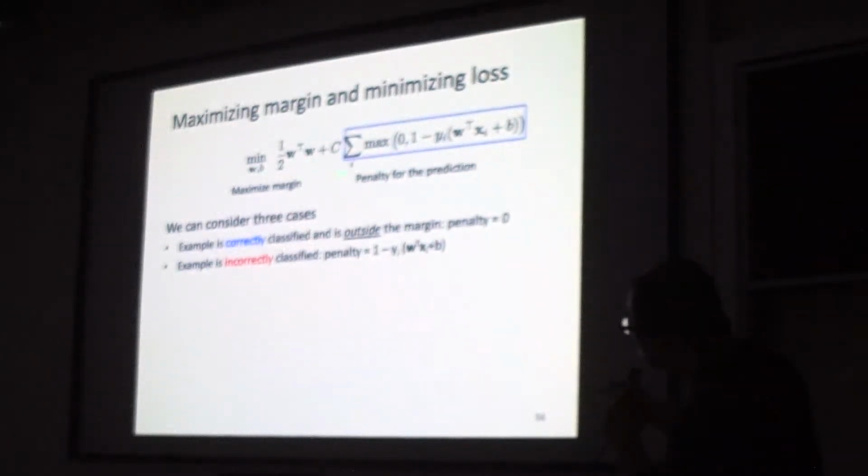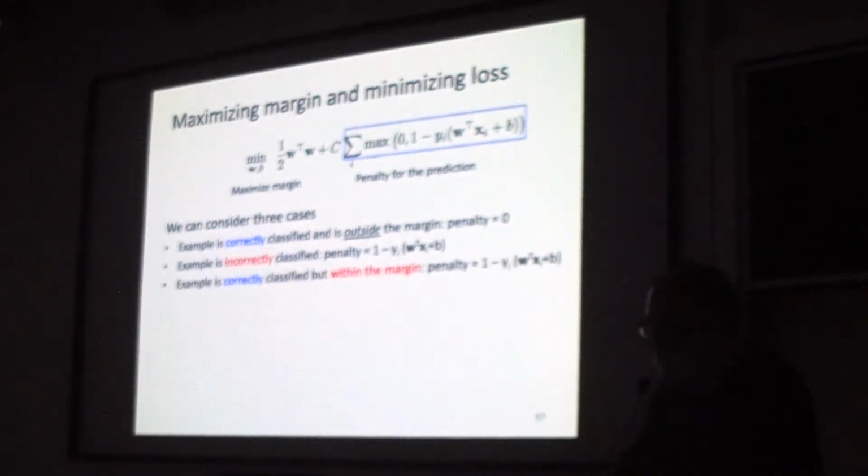Remember, we overall want to minimize the whole value, so a positive value gives you some penalty. The value of the penalty will simply be the right term here, 1 minus the product. So if you incorrectly predict an example, you are going to suffer a penalty.